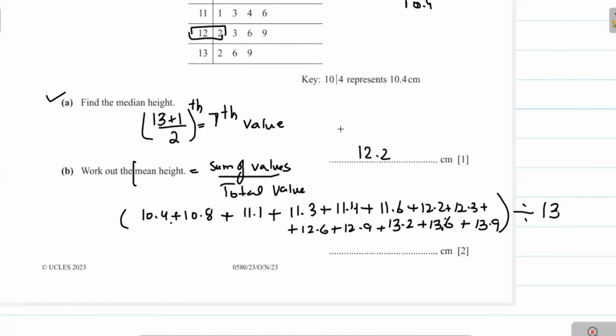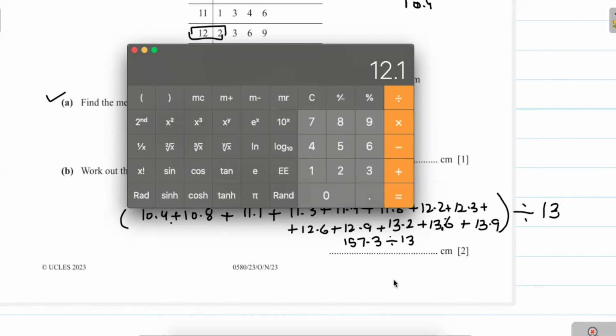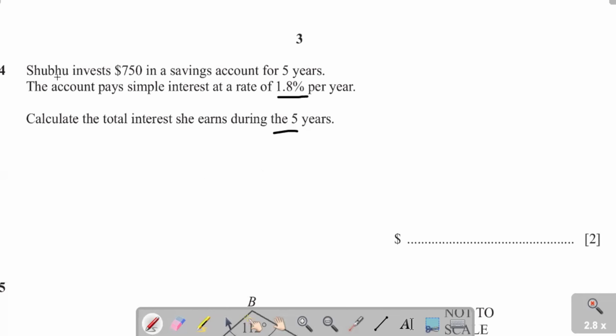Now the sum of all the values is equal to 157.3, divided by the total number of values, which is 13. Therefore, 157.3 divided by 13 will be equal to 12.1. We write here the mean height of the plants is 12.1 centimeters. This is the answer.